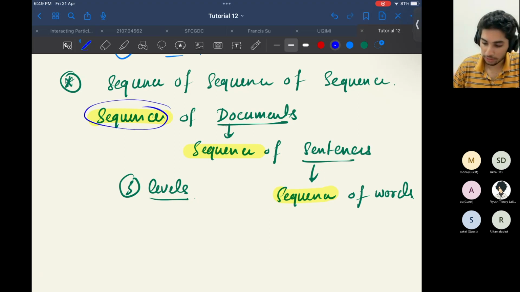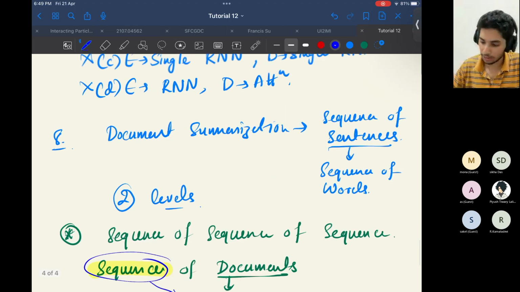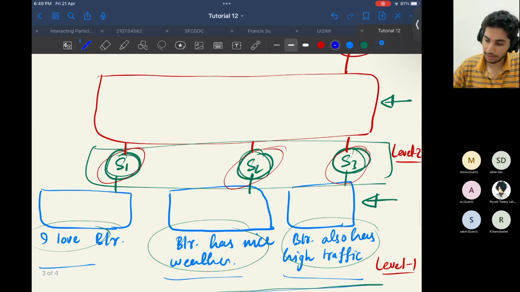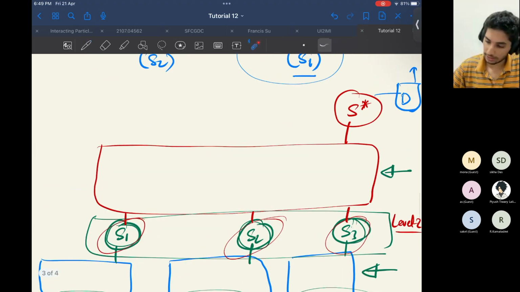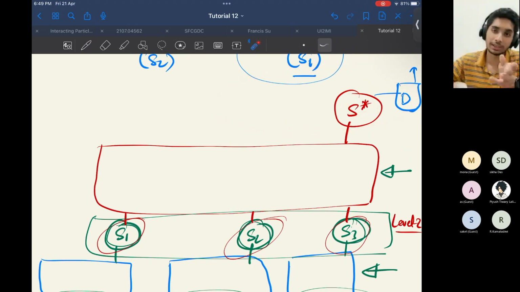The first level will deal with summarization of this, then it will come to this, then this. So there will be a hierarchy like that, similar to what I said here. Just imagine that there is another RNN here which takes a sequence of S stars as input and gives something as output.